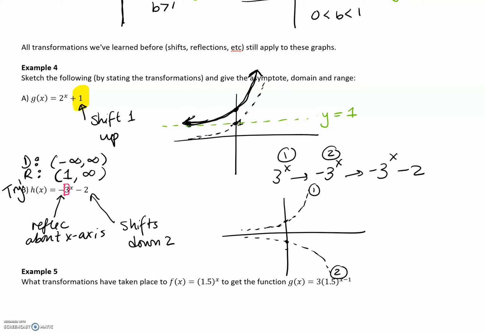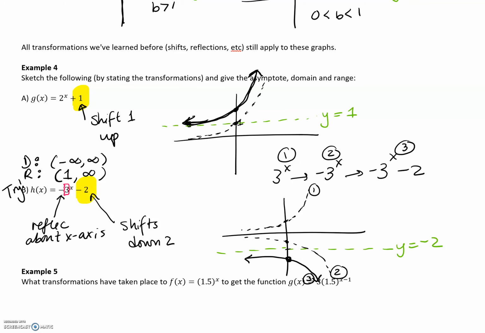So from here, it went 2 units further down. So I'll say that's my final graph. And I shouldn't forget that this guy at the end is going to be my horizontal asymptote. So my horizontal asymptote became y equals -2 because everything shifted down 2 units.